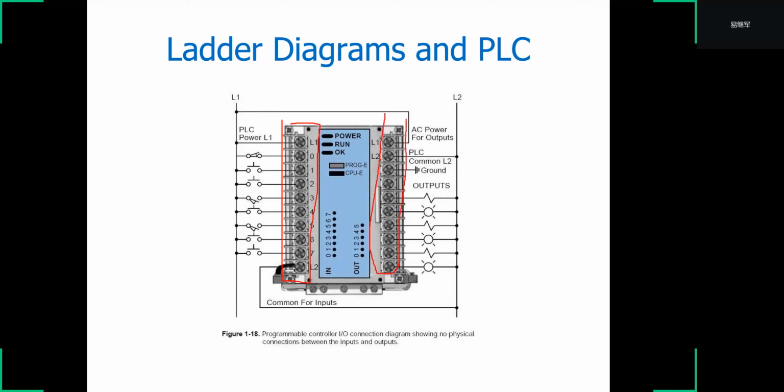These are the switches and buttons. And these are the output coils. We can use the controller to control the output, and the PLC takes the external signal.